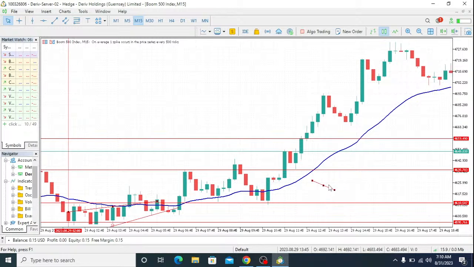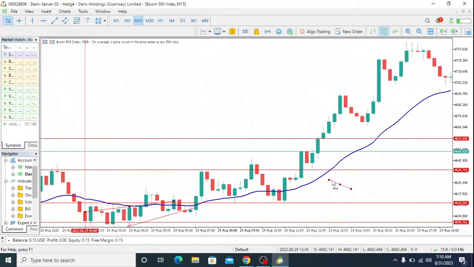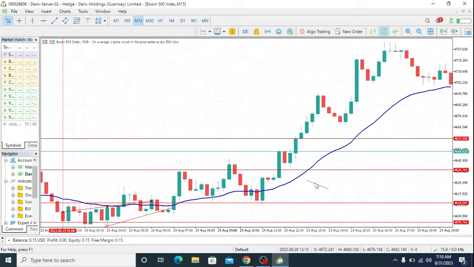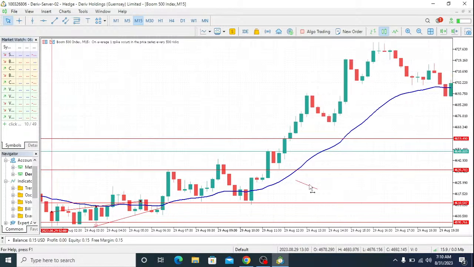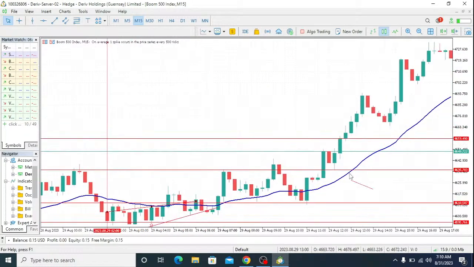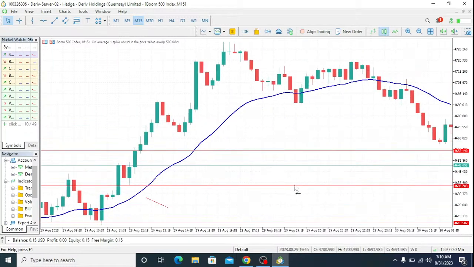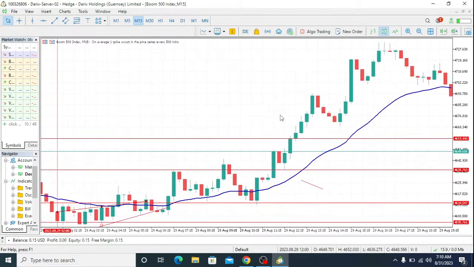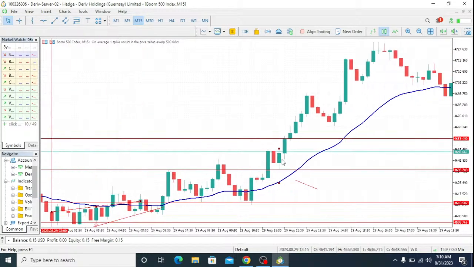So if you follow this thing now, let me show you this. If you follow what you have in this market now, you will believe with me that it's not as simple as you think, but it can be productive. Look at it.